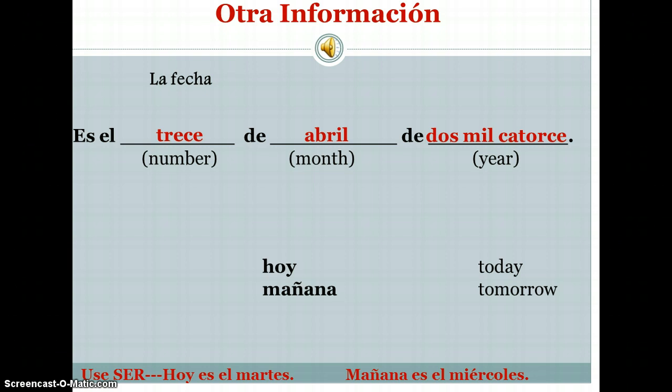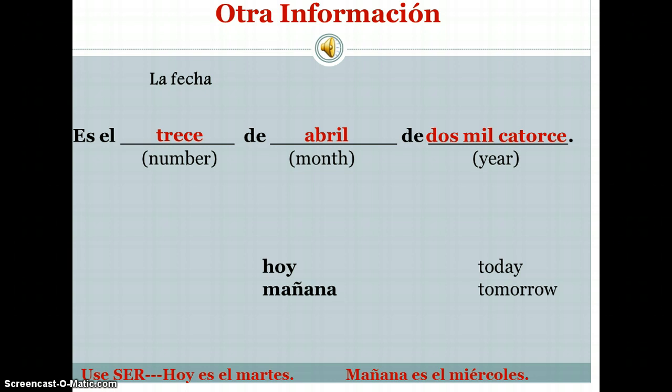Instead of using just es at the beginning of the sentence, you could insert today. Hoy es el 13 de abril de 2014, meaning today is the 13th of April 2014. Or you could say mañana es el 13 de abril de 2014, meaning tomorrow is the 13th of April 2014.